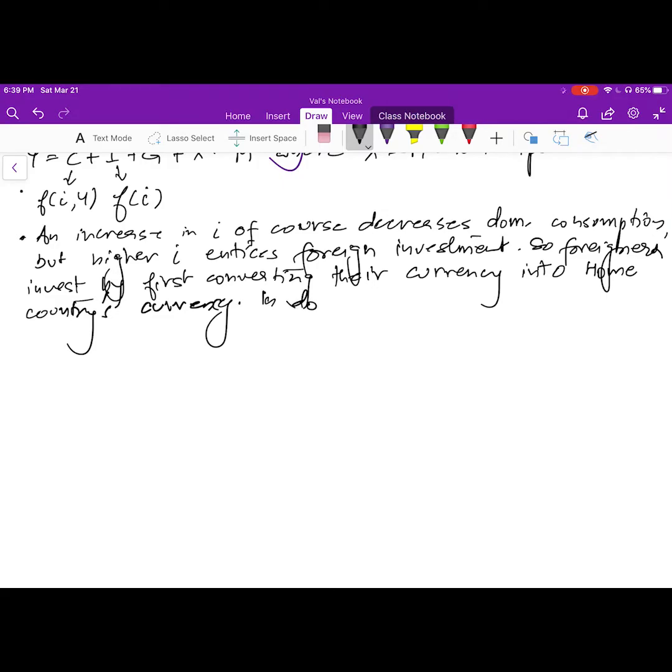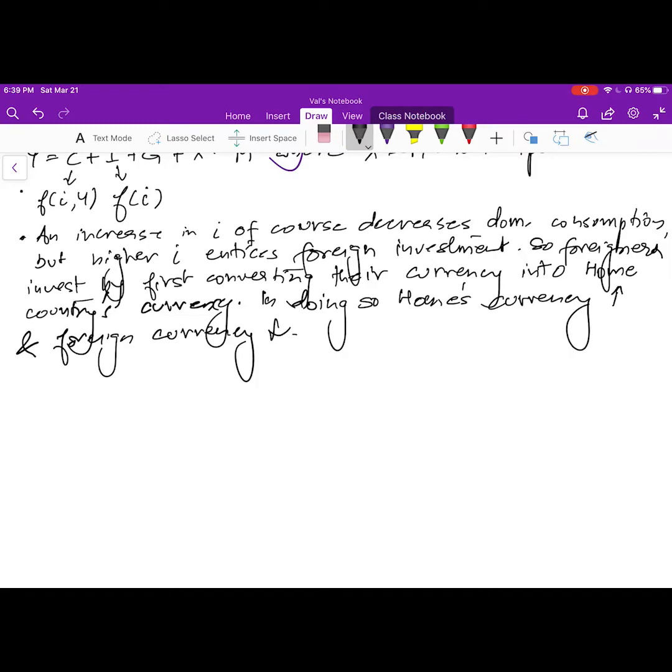In doing so, home's currency appreciates and foreign currency depreciates.